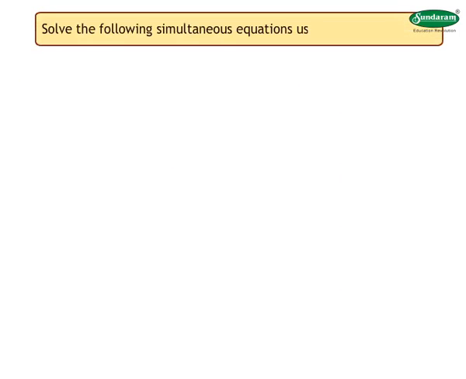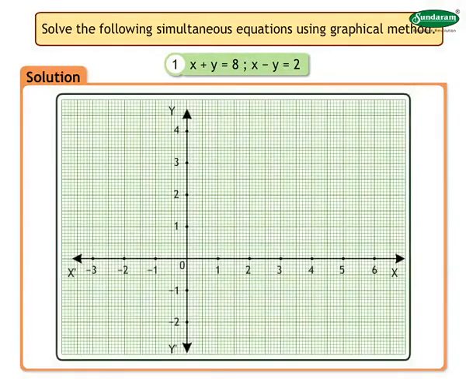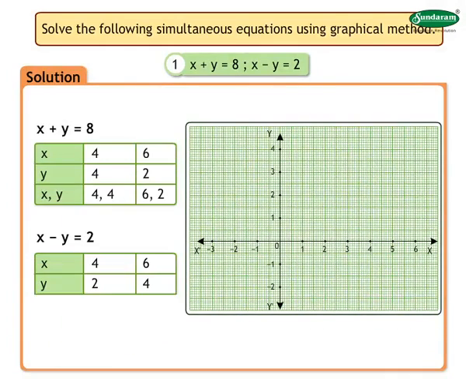Solve the following simultaneous equations using graphical method. Number 1. X plus y is equal to 8. X minus y is equal to 2. Solution. To draw the graphs of the two given equations, we find two solutions of each equation and make the tables as given.